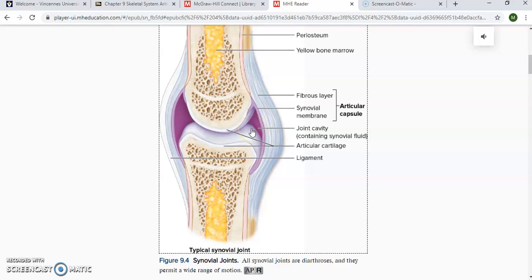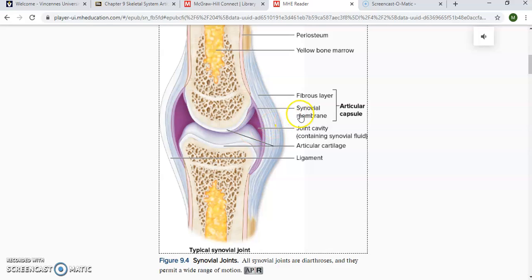So the synovial fluid will be produced, and then eventually it will drain, and then we'll get more synovial fluid being produced, and then the old will drain. So it's constantly being replenished. It's not like we're born with the same synovial fluid that we have when we're older. So it's constantly being replaced.